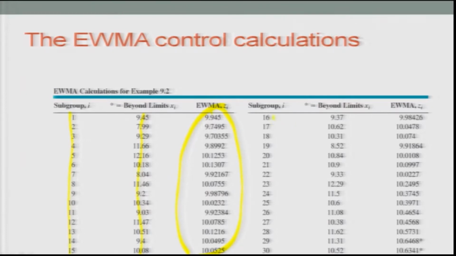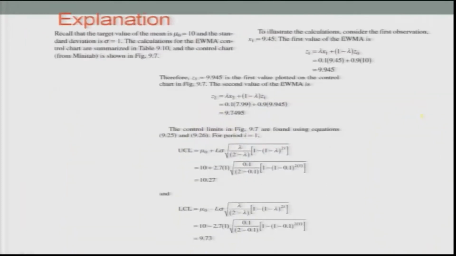Similarly, for subgroups 16 to 30, you find out the exponential moving average values starting from the 16th one, which is 9.98426, till 10.6341. Recall the target value of the calculation was 10 and the standard deviation sigma was equal to 1.